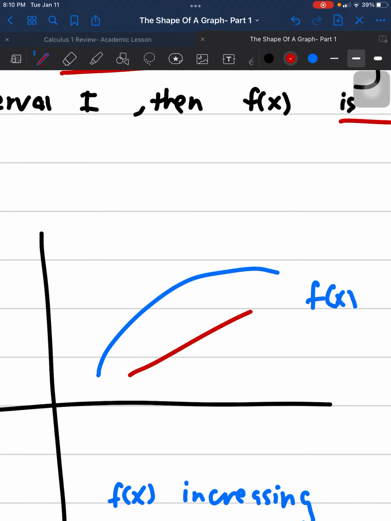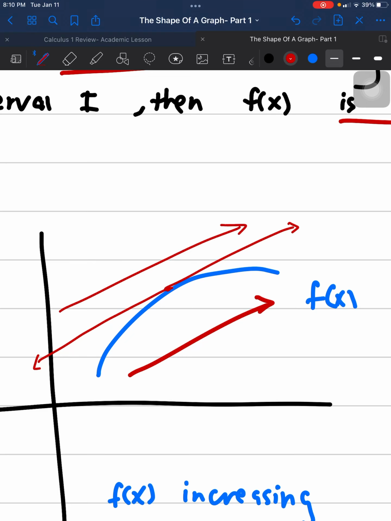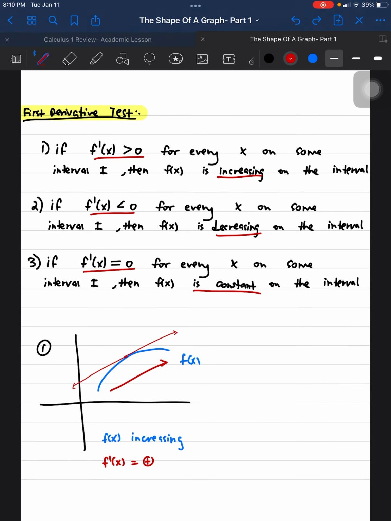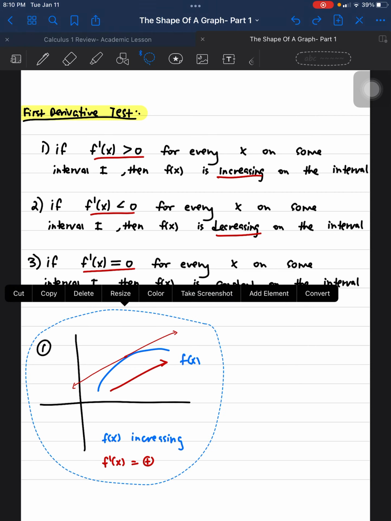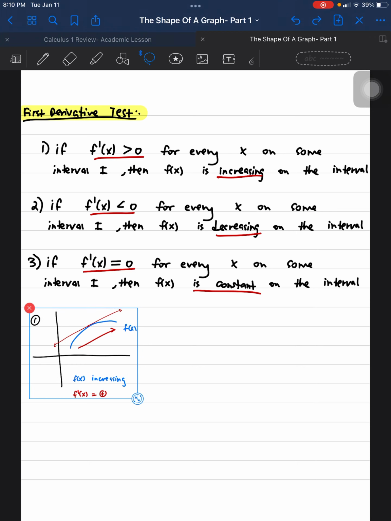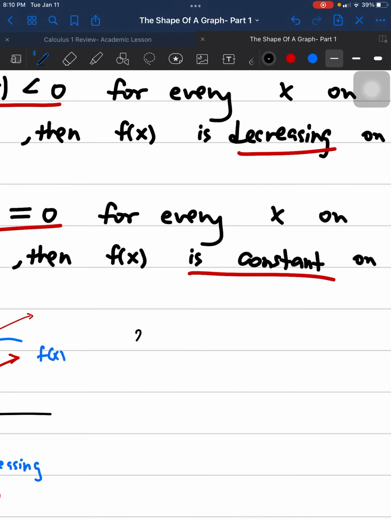So in this case, this is an increasing function, and say you make a tangent line right here. We know that the derivative is the slope of the tangent line, and you see that this tangent line has a positive slope. So since the tangent line slope is positive, the function is increasing. This is the small diagram representing statement 1.